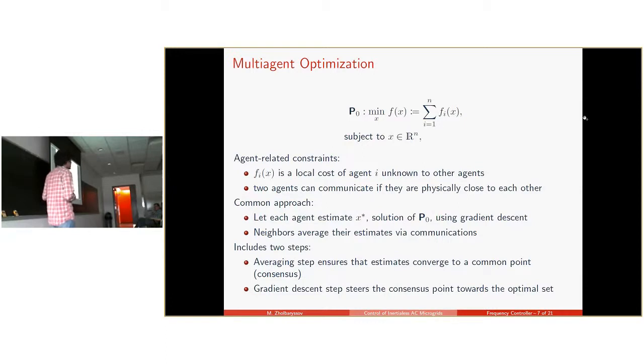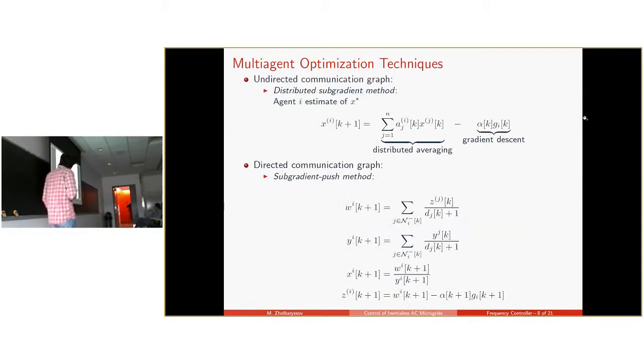The averaging step ensures that the estimates of the agents converge to a common point, and then the gradient descent step steers this common point towards the optimal set. And there are several techniques for solving this problem.